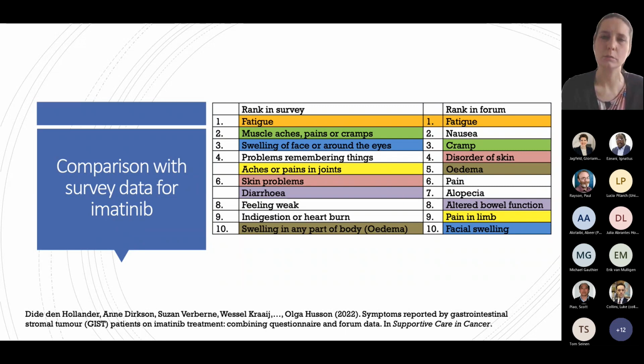That was one of the things that we recommended for future versions of the survey, to expand those. But also it seems that people on the forum feel more free to just complain about what they experience, and in the survey they are more tempted to only list issues that they think are more serious or worth mentioning as a side effect.